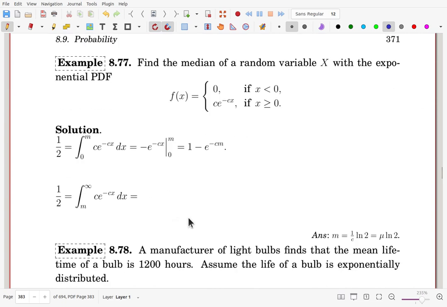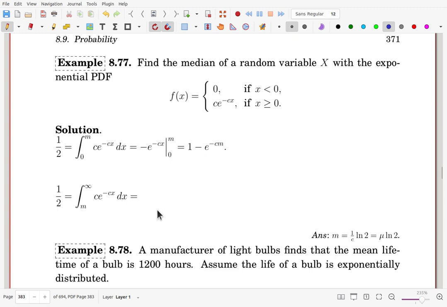So find the median of a random variable x with the exponential PDF. From this, if we put m, then the integral from 0 to m of f of x dx is half. Its antiderivative is this one, and from 0 to m, we get 1 minus e to the minus cm.